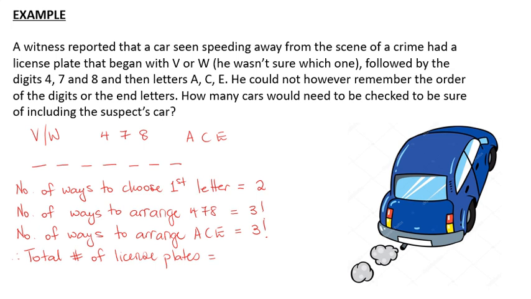We have 2 choices for the first letter, and then 3 factorial for the next 3, which is 6 ways, and then 6 ways for the next 3. So we're actually multiplying 2 times 6 times 6, 12, 12 times 6, 72. So there are 72 different license plates that we would have to check to ensure that we include the suspect's car.